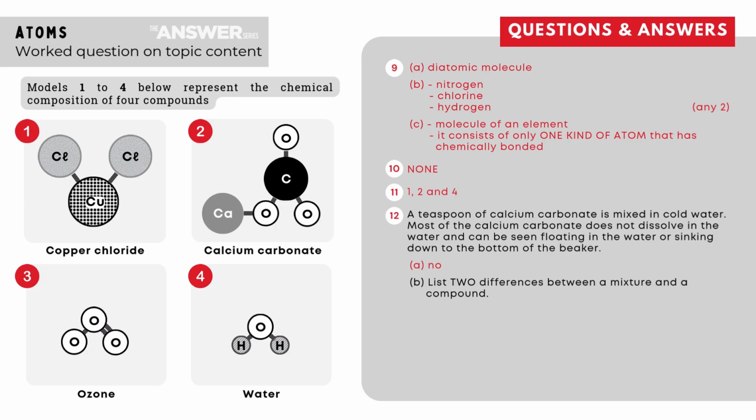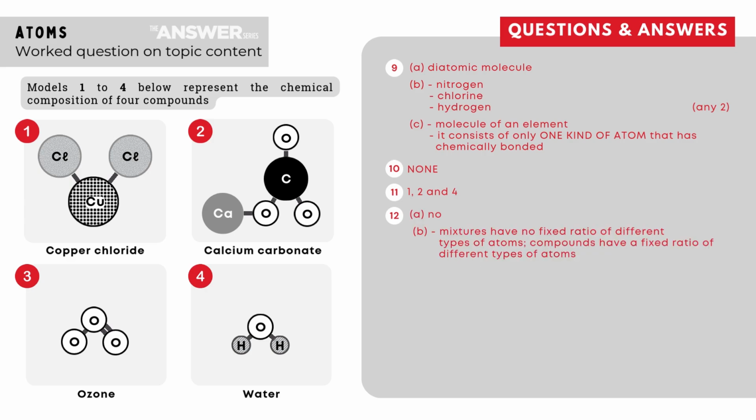Then it says to list two differences between a mixture and a compound. Now this is something you can just remember from what you've studied. Simple examples would be that mixtures do not have a fixed ratio of different types of atoms. Compounds do have a fixed ratio of different types of atoms. Another option could be that mixtures can be physically separated.